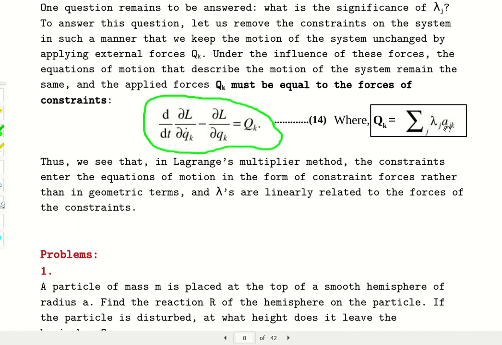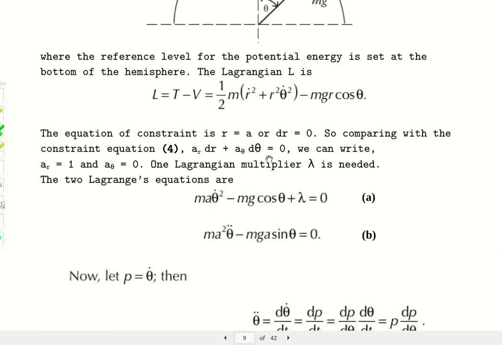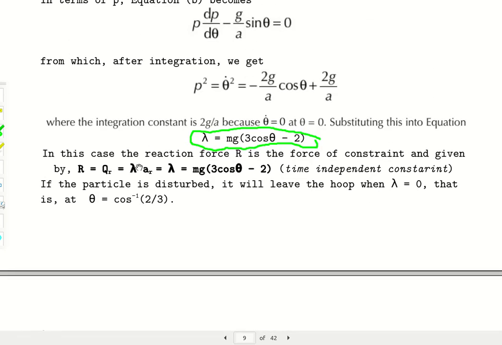So lambda into ajk, a11, because a12 is 0. So a11 is again what we found, ar, which is 1. So the constraint force is simply Qr is equal to lambda into ar, and ar is 1, so lambda. So lambda means mg into 3 cos theta minus 2.